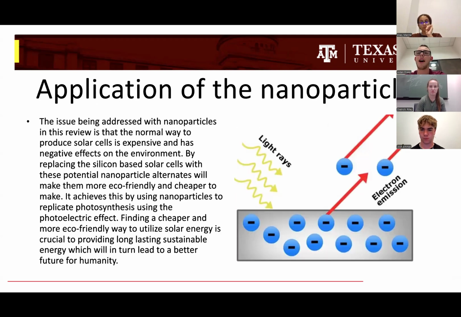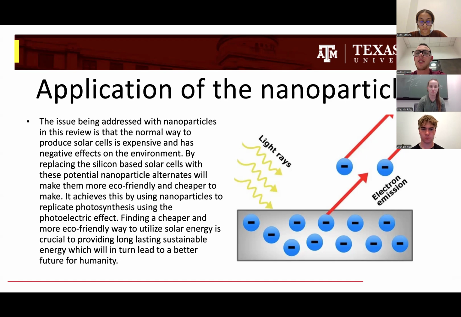So for the application of these nanoparticles, the issue being addressed is that the normal way to produce solar cells is expensive and has negative effects on the environment. And by replacing the silicon that is used in normal solar cells with nanoparticle alternatives, it will make them more eco-friendly and cheaper to make. They achieve this by using the nanoparticles to replicate photosynthesis using the photoelectric effect.